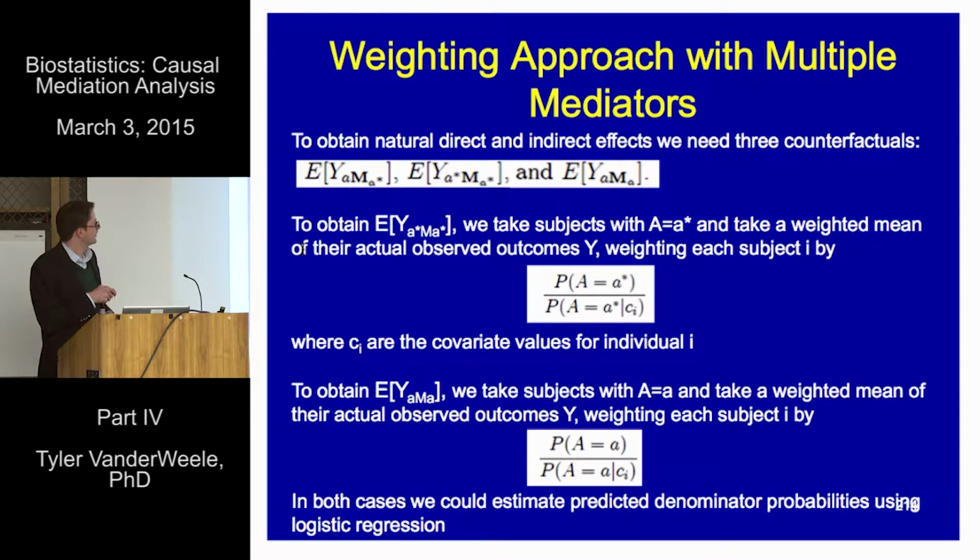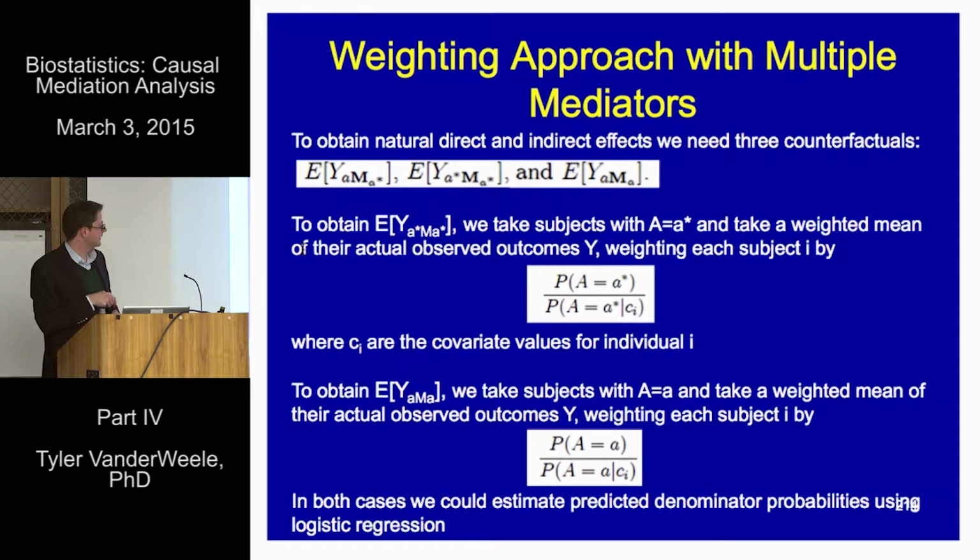And all we have to do to get this counterfactual outcome for what would happen if everyone was unexposed, is take a weighted mean of the observed outcomes for the unexposed people. So we look at all the unexposed people, we look at their outcomes, and we take a weighted average of those individuals with the weights given by this expression here. What that does is essentially use the unexposed individuals' outcomes to predict what would happen if everyone had been unexposed.